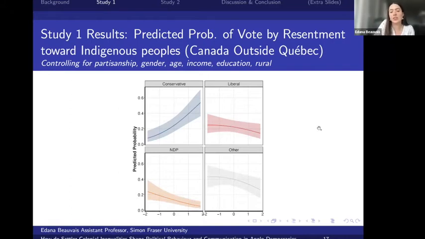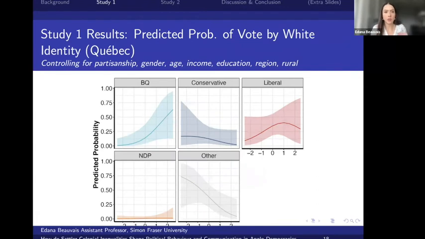Now, lastly, the last result I'm going to talk you through is looking within the region of Quebec, Canada's French-speaking province. And here, what's notable is the association between the distribution of white identity and the probability of voting for any given party. The Bloc Québécois, so again, that's the Quebec nationalist, sovereigntist party, Conservatives, Liberal, NDP, or other. And here we can see that for the sample average, a score of 0 on white identity, there is about a 13% probability of voting for the Bloc Québécois.